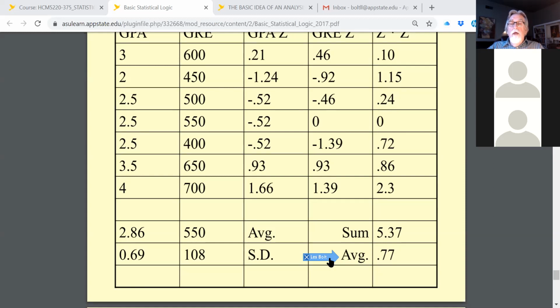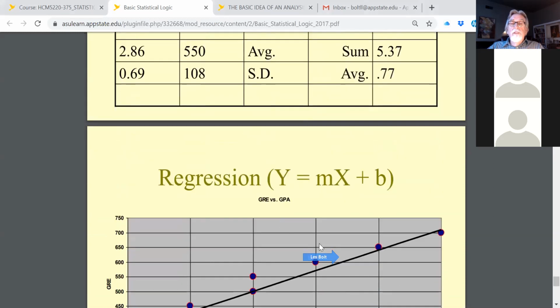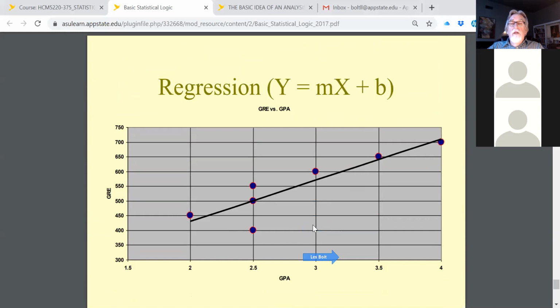And that R value roughly describes the slope of the line that those product moments now describe.